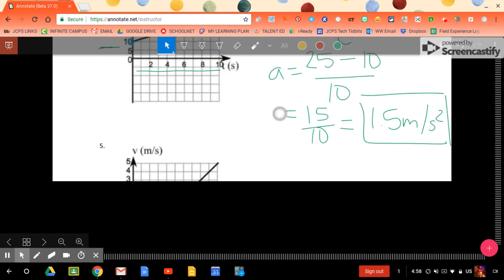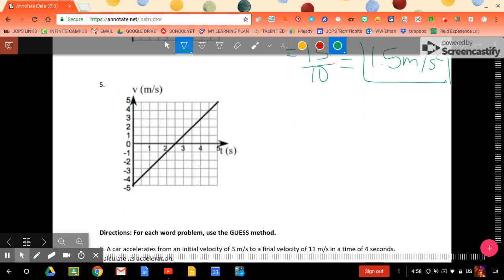Okay, moving on to the next one. This is our last one with the graph. So again, this is an acceleration. So A equals final velocity minus initial velocity divided by our time. Highlight, I like to do my final velocity minus my initial velocity. You can do vice versa. It is completely up to you. So at my final velocity, I am all the way up here at 5 minus, and then my initial velocity is actually negative 5.